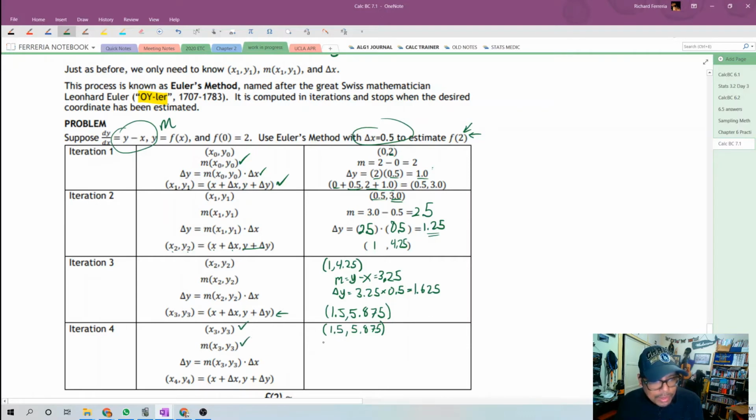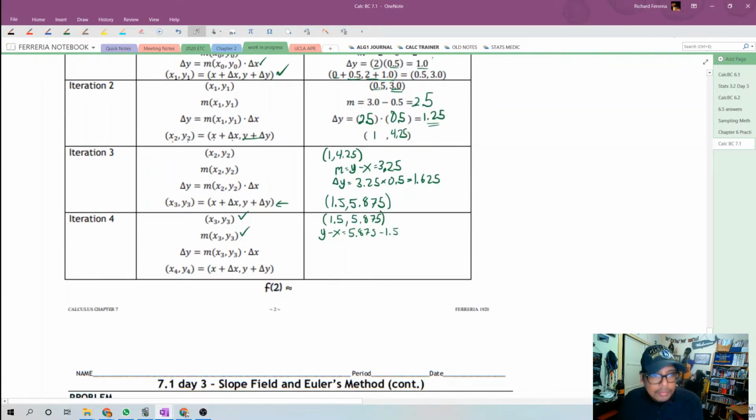Slope was y minus x from the differential equation, which is 5.875 minus 1.5. That is equal to 4.375.